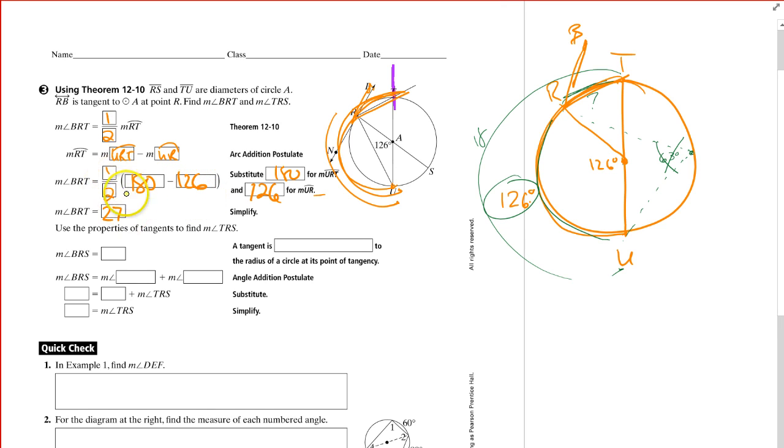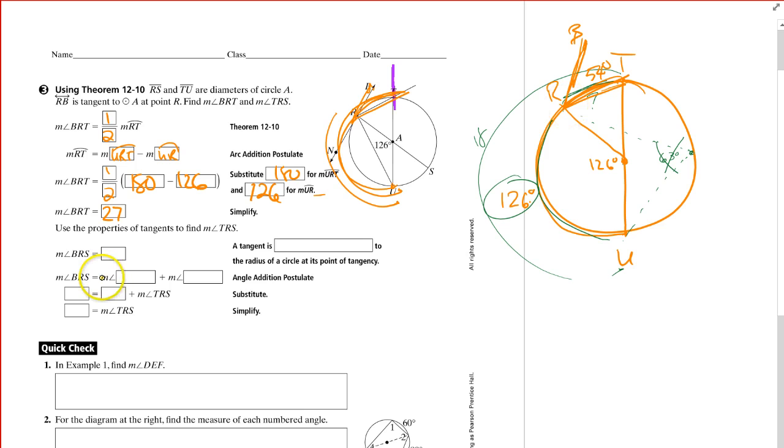Then I did half of that and get the angle measurement, 27. So first this arc length was 54, and then the angle in this diagram is going to be half because it is sitting on the circle.